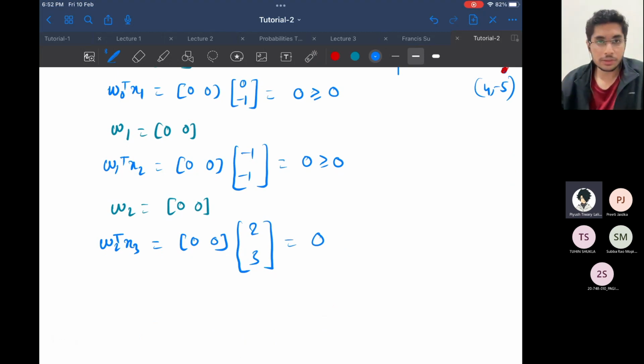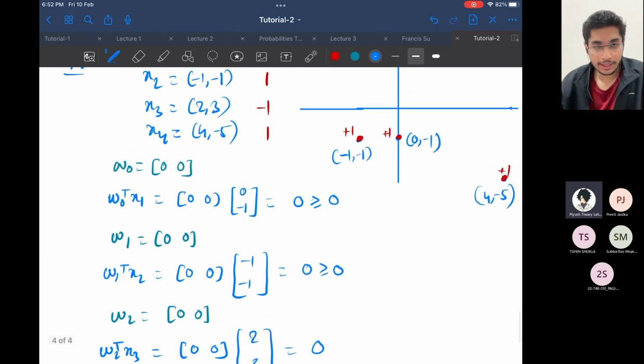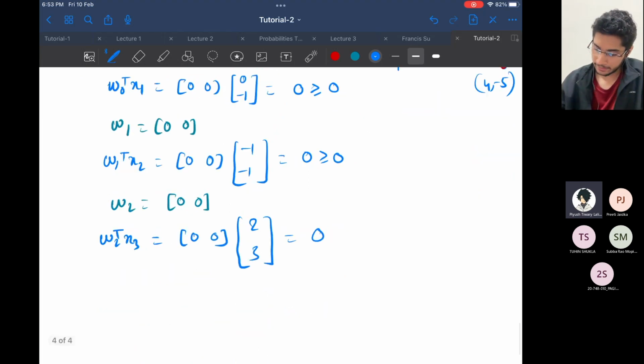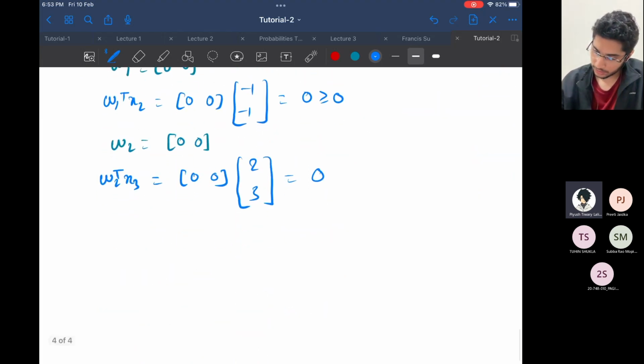Whenever you encounter an error in the negative label, you just subtract that point from your current weight estimate. So you take W3, the next weight. This will be W2 minus x3.